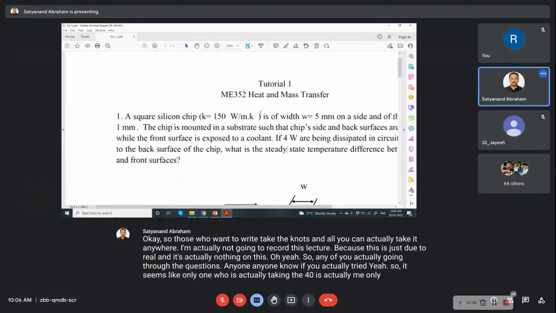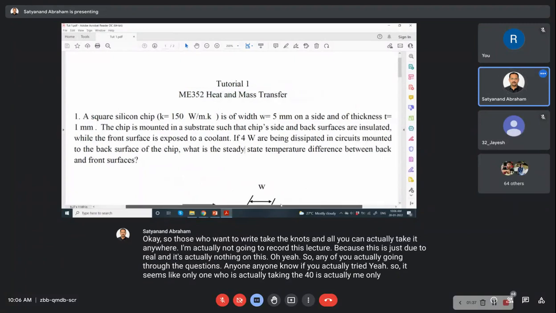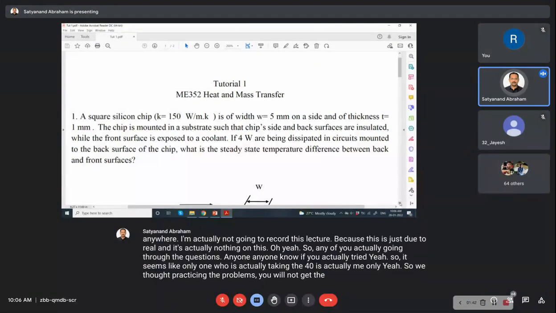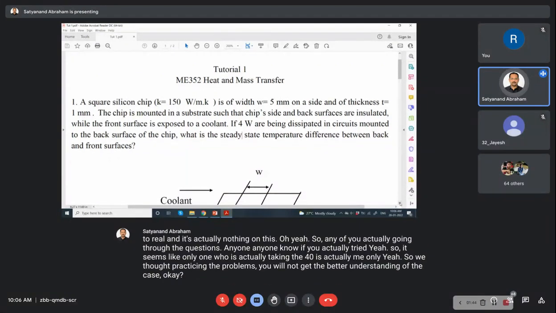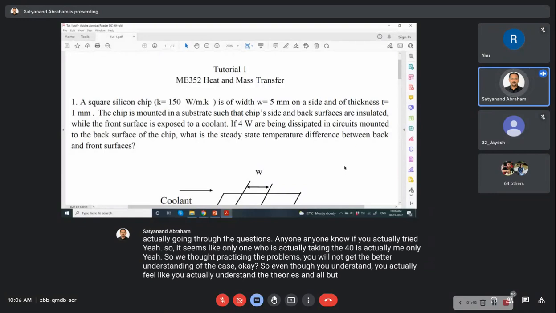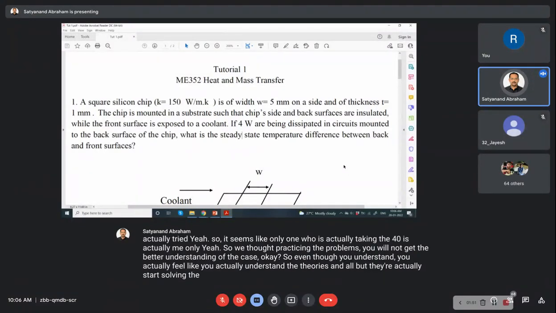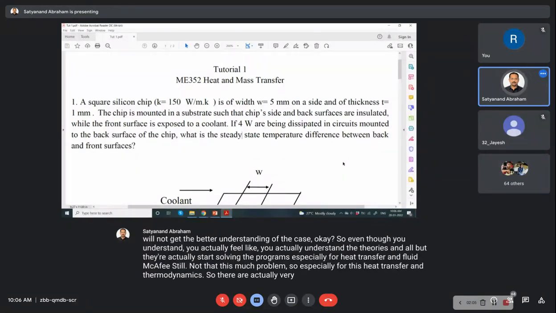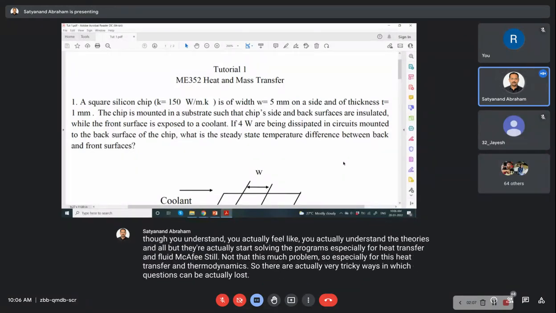Without practicing the problems, you will not get a better understanding of the theories. Even though you feel like you understand the theories, when you start solving the problems, especially in heat transfer and thermodynamics, there are very tricky ways in which questions can be asked.